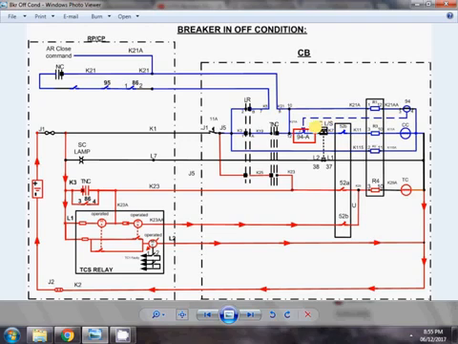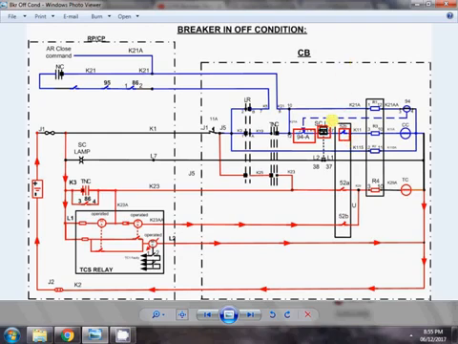Then in the closing circuit we also use a spring charge limit switch contact, so that the closing positive can be extended only when the spring is charged. After that we use a close contact of the auxiliary switch.